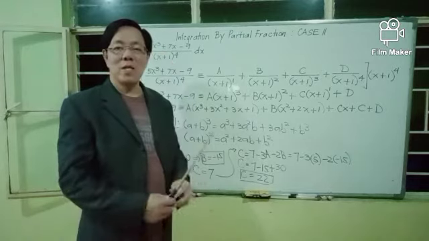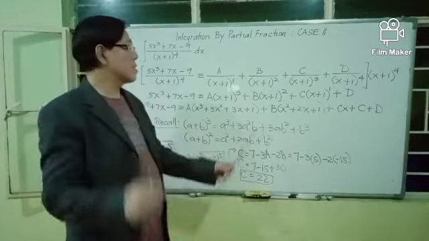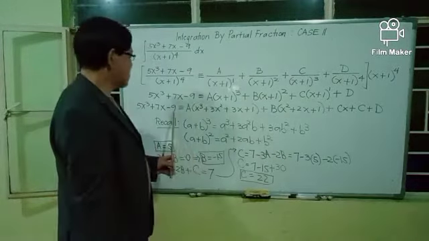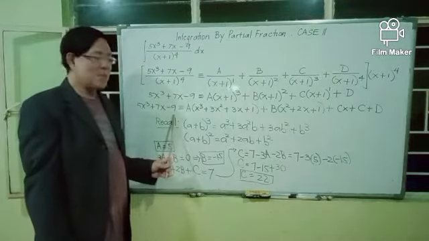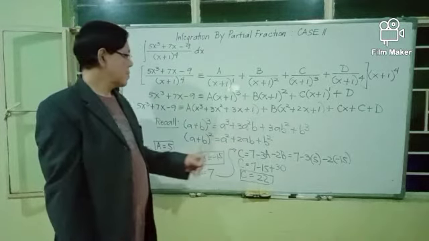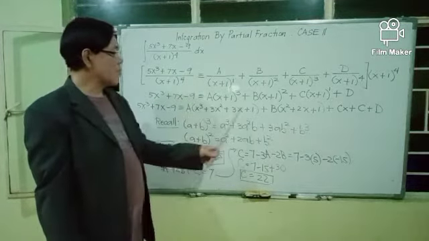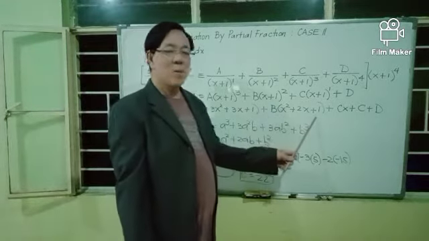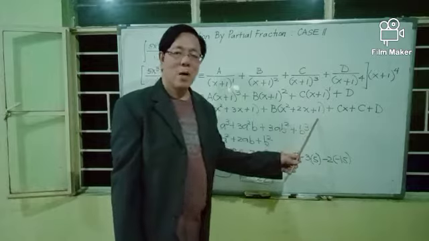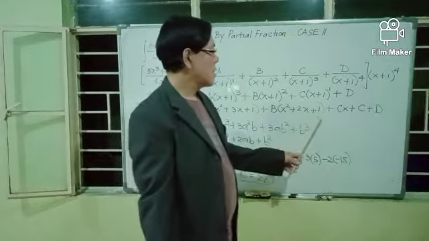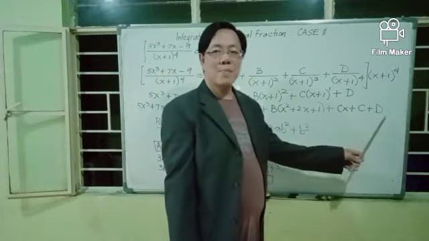Finally, we equate the constant term at the right hand side with the constant term at the left hand side, which is negative 9. At the right hand side, the constant term consists of a multiplied by 1, which is a, plus b multiplied by 1, which is b. So we now have a plus b plus c plus d.